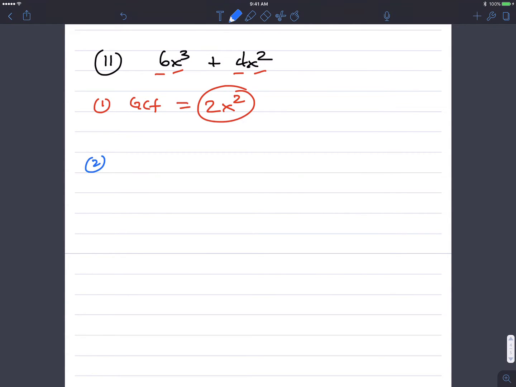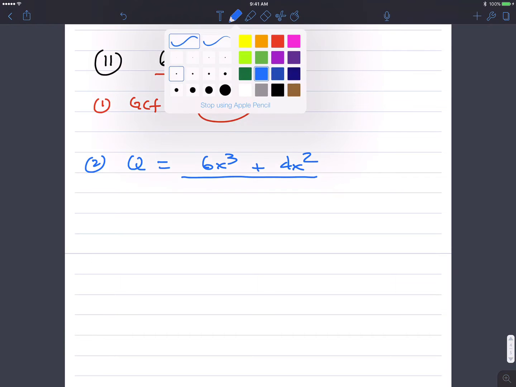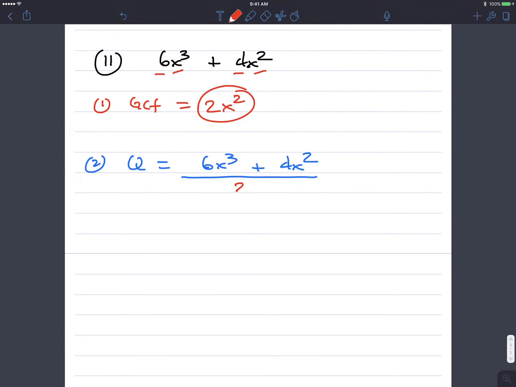Step 2, let's get the quotient. Quotient's going to be 6x cubed plus 4x squared, everything over 2x squared. So, distribute that division of 2x squared. Okay. What's this quotient going to give you? What's 6 divided by 2? 3.